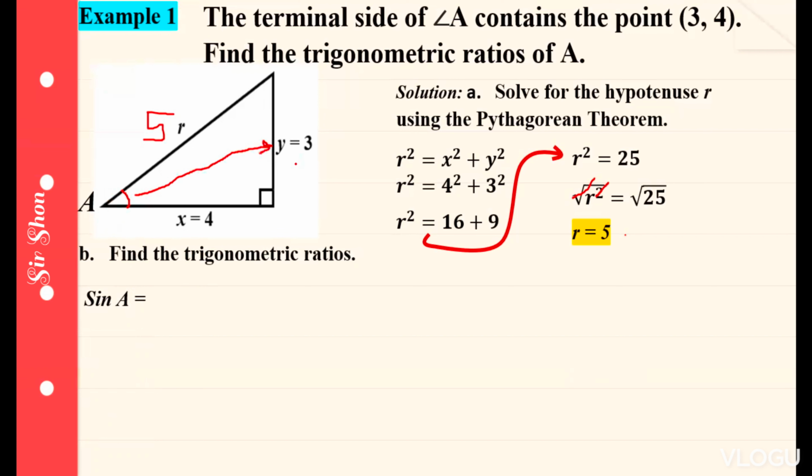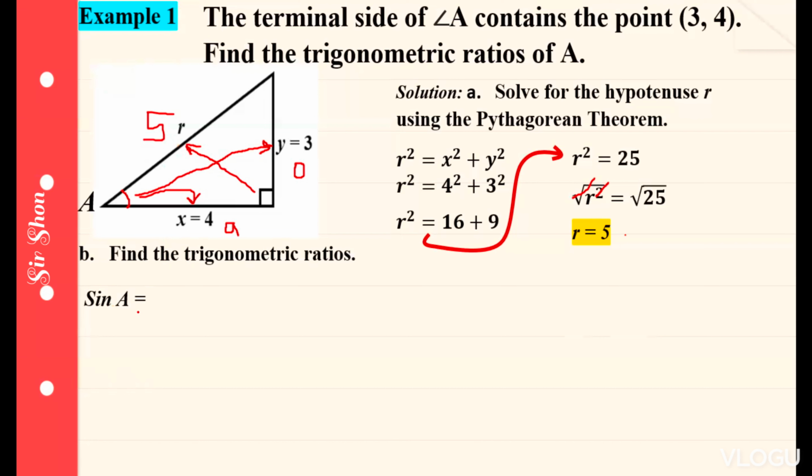Therefore the opposite side is y. The side next to angle A is x, or 4, so x here is the adjacent side. And always remember that the side opposite to the right angle is called the hypotenuse. Our hypotenuse here measures 5 units.